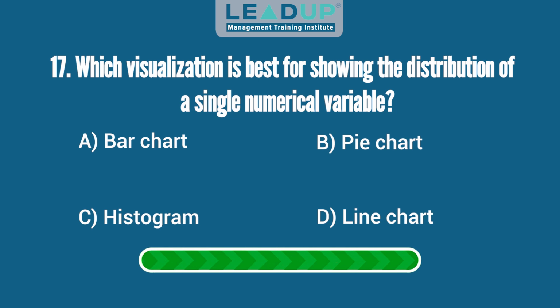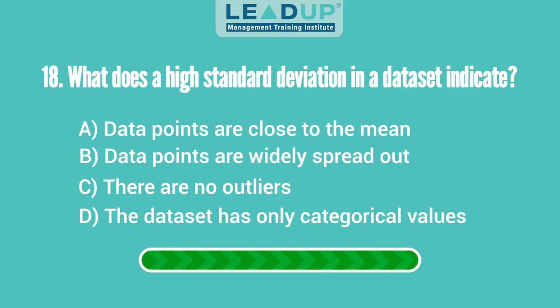Which visualization is best for showing the distribution of a single numerical variable? A. Bar chart, B. Pie chart, C. Histogram, and D. Line chart. The answer is histogram.